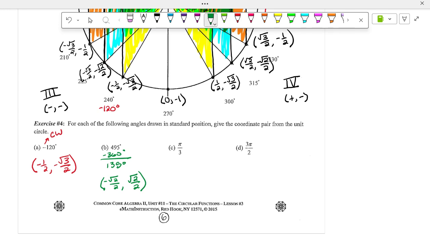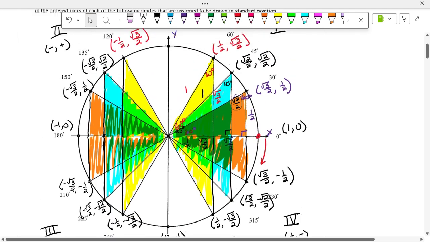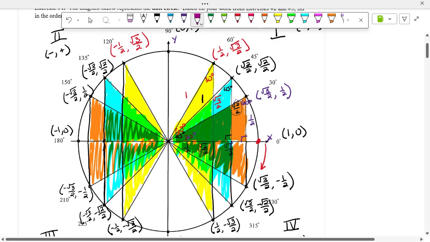Now the last two, those we can just reference the unit circle. So when the angle is pi over 3, so that's in radians, what's the coordinate? 1/2, square root of 3 over 2. So we would go to where pi over 3 is, which is the same thing as 60. It'd be right here.